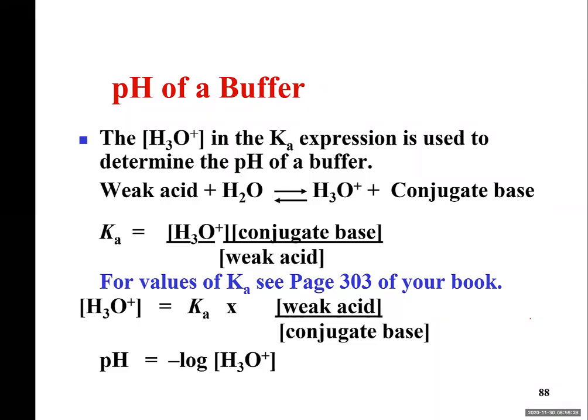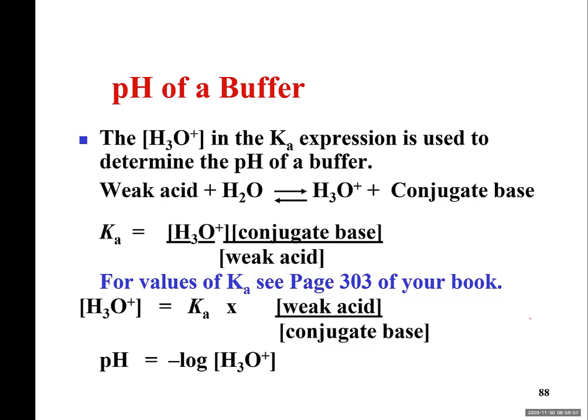So we can make buffers which can keep the pH fixed, but the value of the fixed pH may not be 7, may not be 3, may not be 5. So we can make buffers which have all sorts of fixed pH: pH 2 buffer, pH 3 buffer, pH 4 buffer, pH 7 buffer, pH 10 buffer.